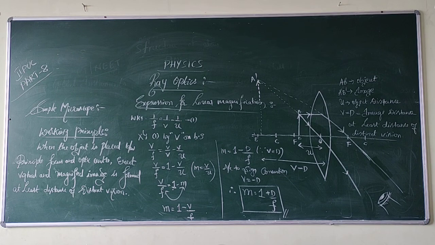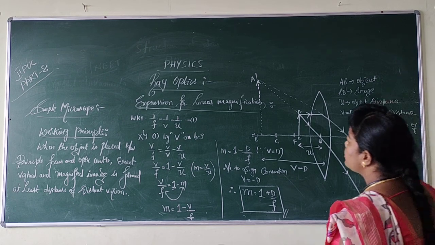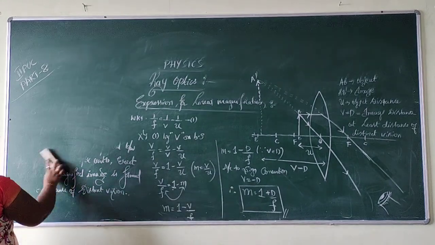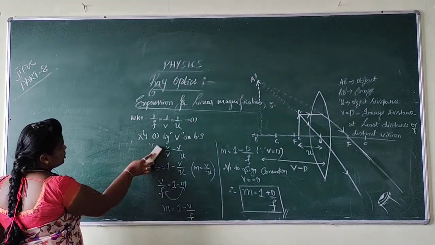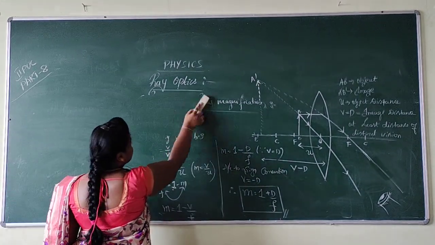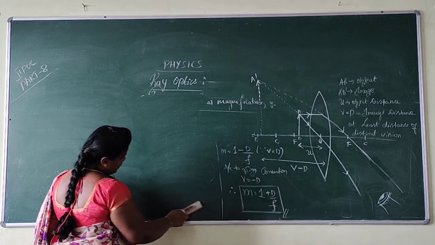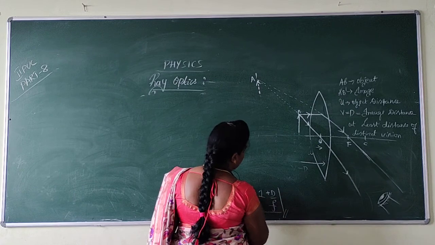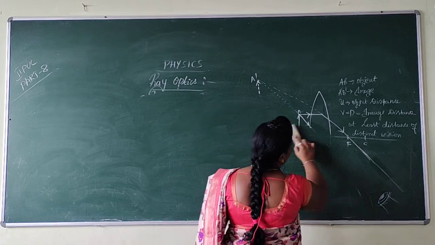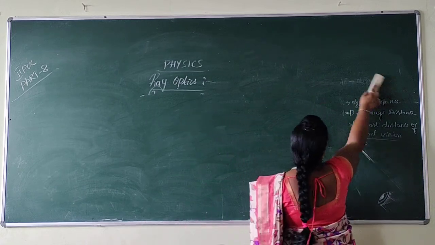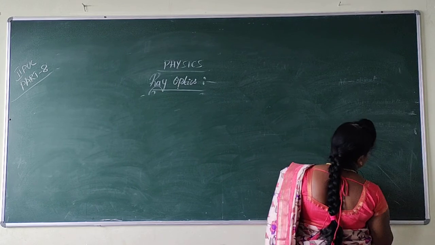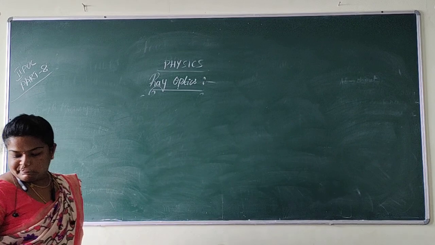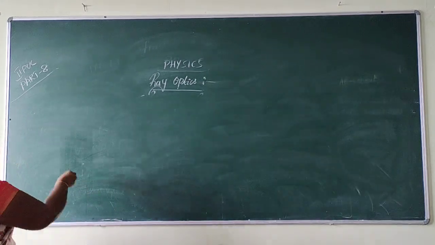Okay, now let us define it once. So I am just going to define the angular magnification. You know that the linear magnification is defined as the ratio of height of the image to height of the object. Similarly, the linear magnification can be defined as the ratio of image distance to the object distance. Now I am defining the angular magnification.